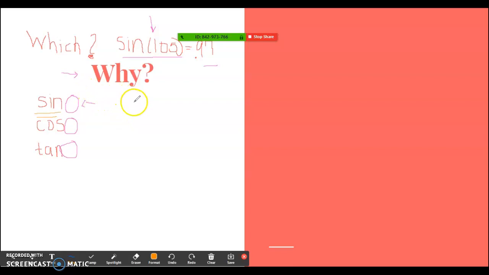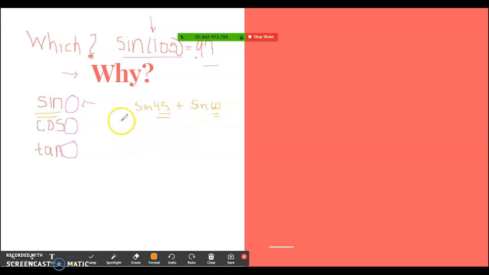When we find the sine of 45 plus the sine of 60, what we're telling the calculator to do is to take the sine value at the angle 45 and take the sine value at the angle 60 and add those two values together.